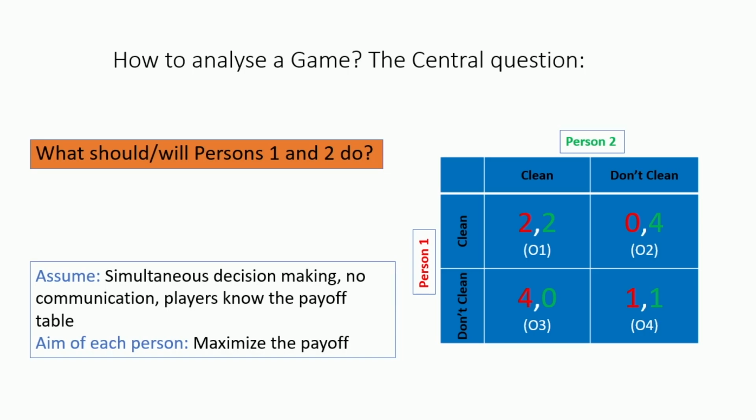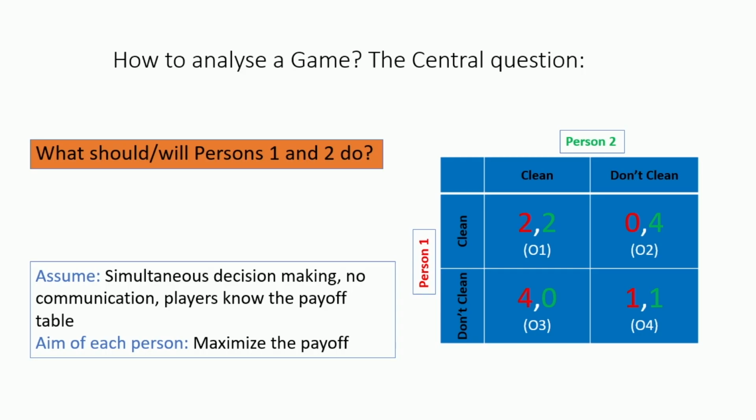Because if person 2 decided to clean, then not cleaning gives me a 4 instead of a 2, and if person 2 decided not to clean the room, then I get a 1 instead of a 0 if I clean. Which essentially means that I should not clean if I have that preference structure.